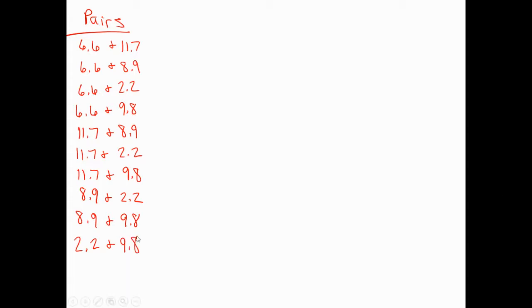Now we need to go through and find all the sample means of each of those. So find X bar for each of these. And if y'all want to split it up, there's 10 of us in here.